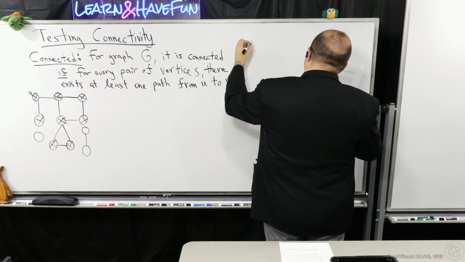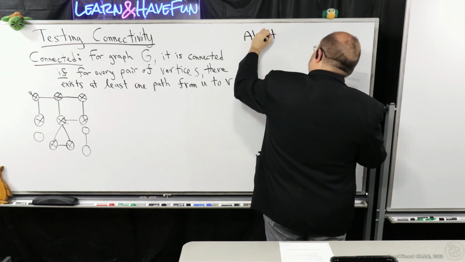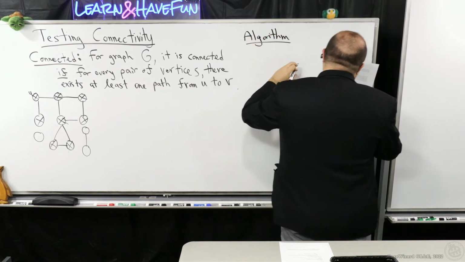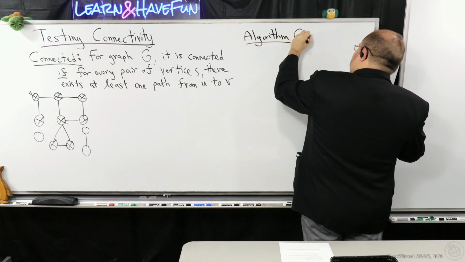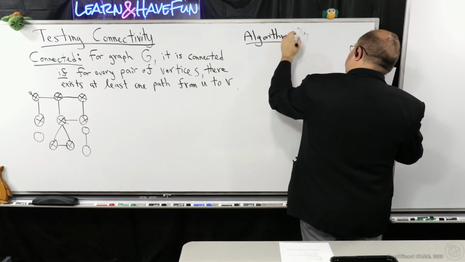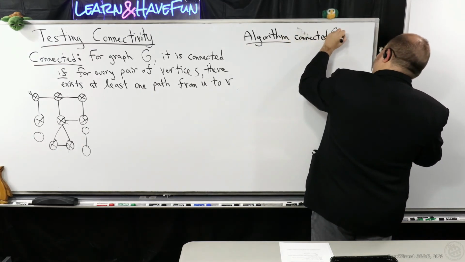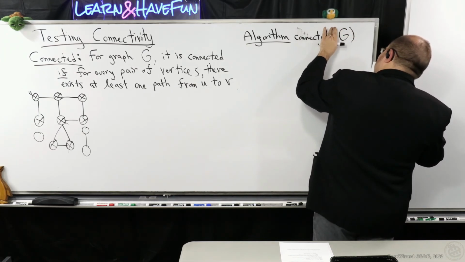Here's just an example of how I can do this. I'm going to call this algorithm connected, and it's given a graph. It's not given a start vertex or anything like that.